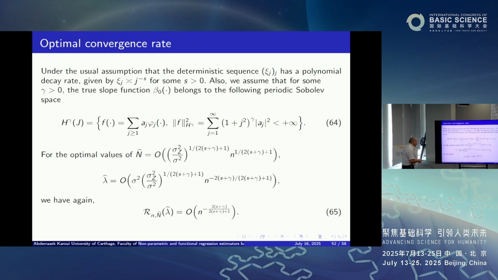With this choice of these two parameters, we again get the order of convergence n to the power minus (2s plus gamma) over (2s plus gamma plus 1). That's again the optimal convergence rate, the same as the one obtained by Yuan and Cai.